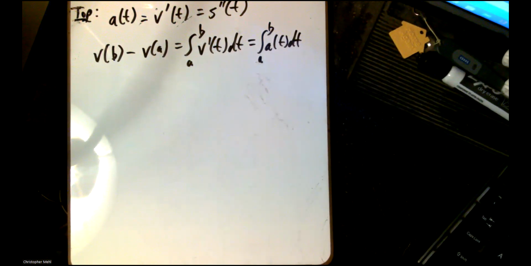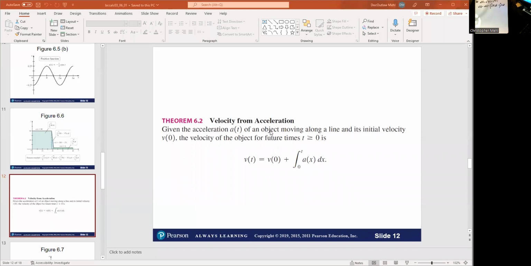Okay, so that means that just like with position, if I know the velocity and I know the initial position, I can find the position function for all future times. If I know the acceleration and I know the initial velocity, then I can find the velocity at all future times. And so here is Theorem 6.2, which states the relationship between velocity and acceleration.